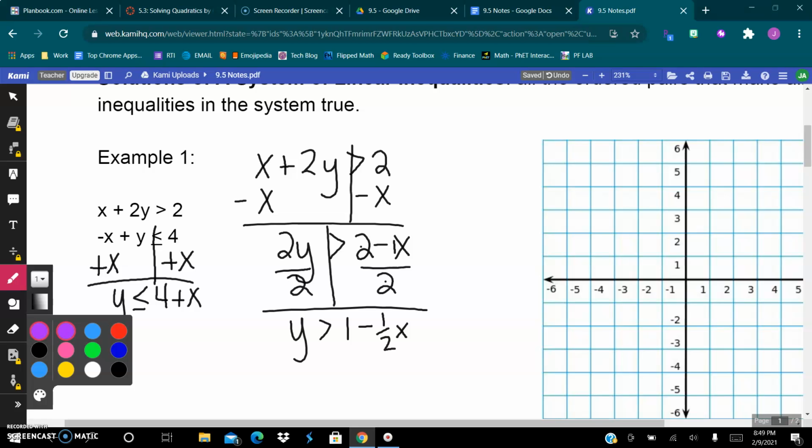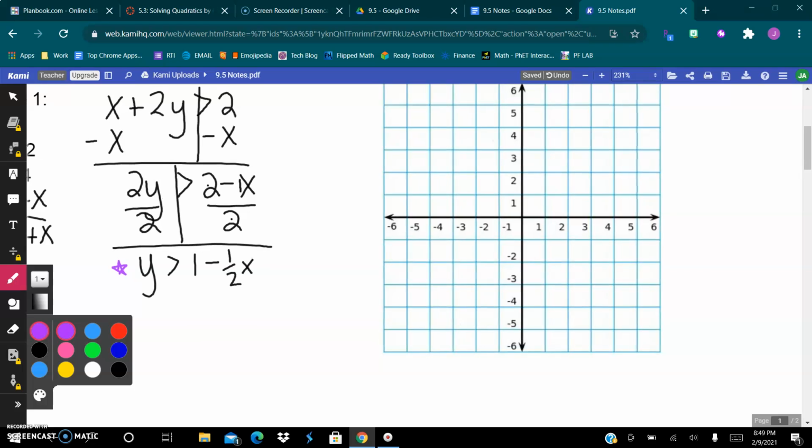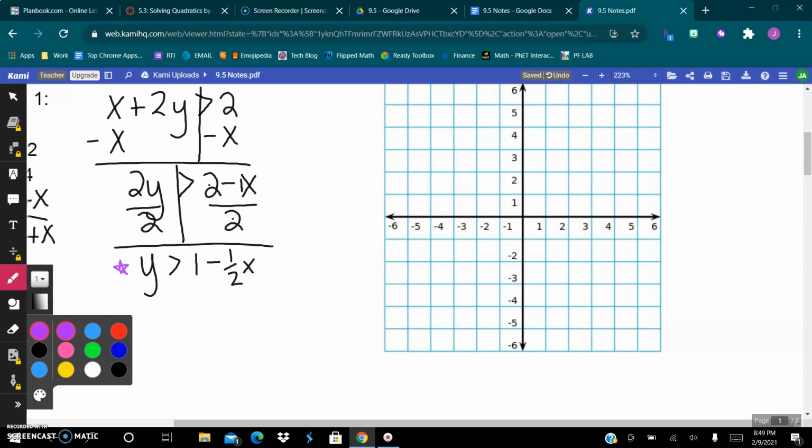The first one here, I'm going to graph with the purple color. Remember, the y-intercept is the number that does not have the variable with it. So my y-intercept here is 1. My slope is the coefficient of x, so that's negative 1/2. I'm going to go down 1 and over 2, and do that a couple of times so I have a better idea of my line.